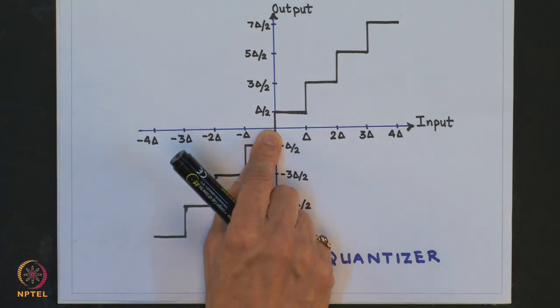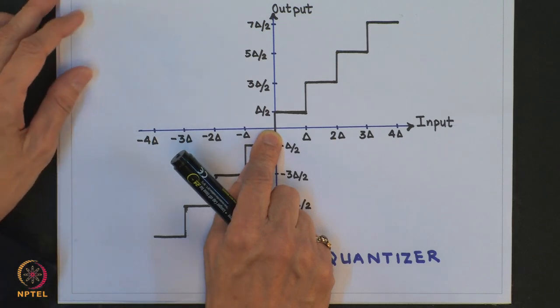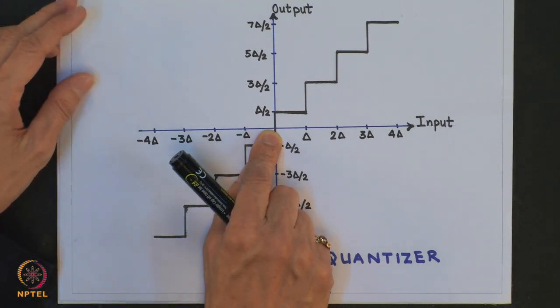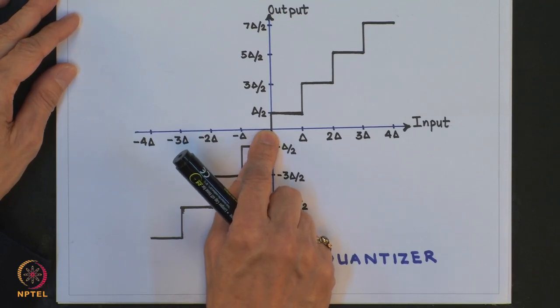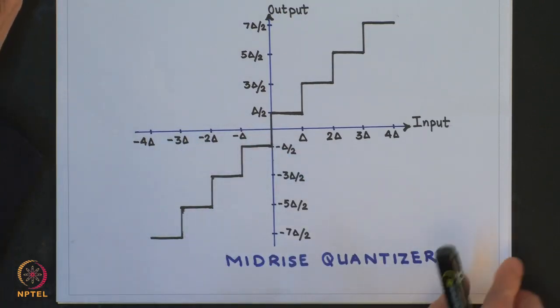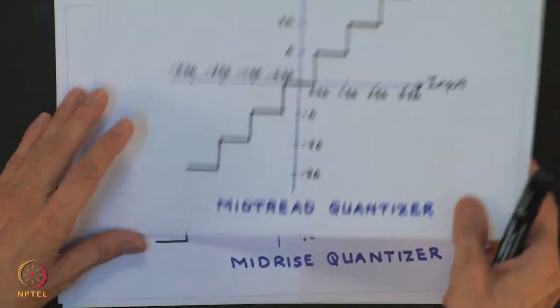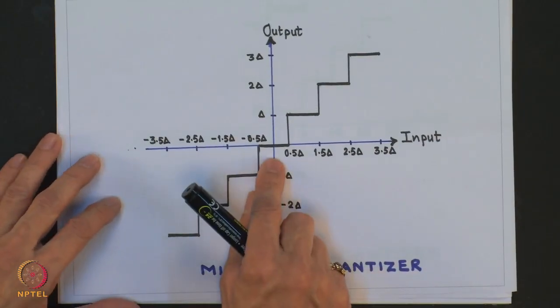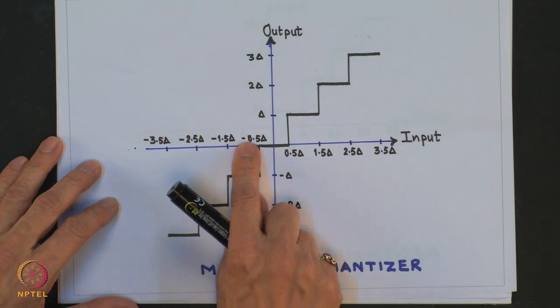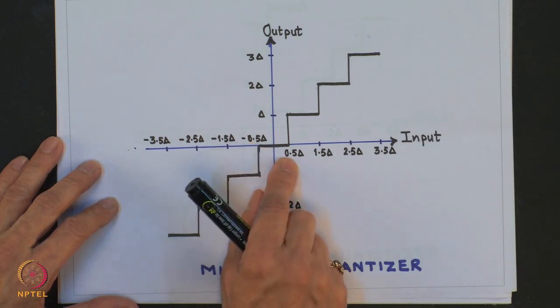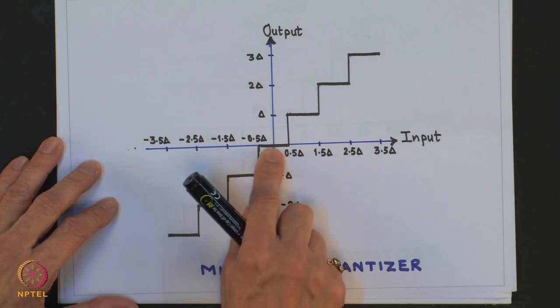Now, for some applications we require 0 to be one of the reconstruction levels, for example, while quantizing speech signals. In that case we can design another form of quantizer which is shown in this figure. For the interval between minus 0.5 delta to plus 0.5 delta, the reconstruction level is 0.